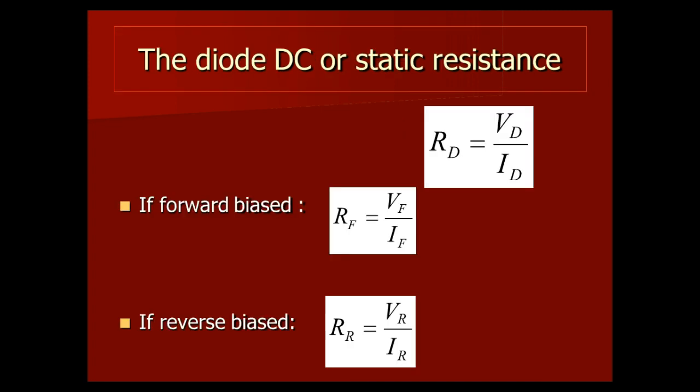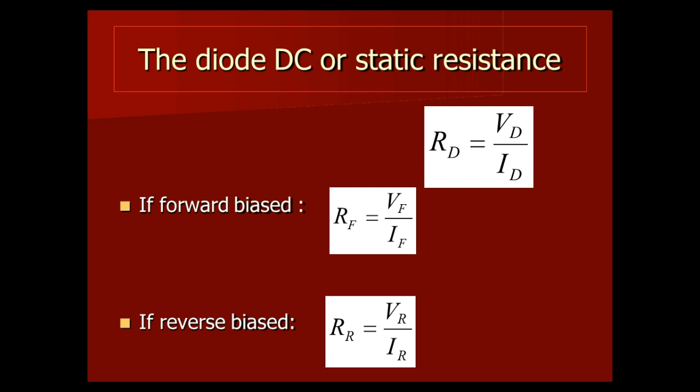Okay, right? And then there is something called the diode DC or static resistance. You know very well, by Ohm's law, V equal to IR. That means R equal to V by I. So the diode resistance is marked as RD. RD equal to VD by ID.